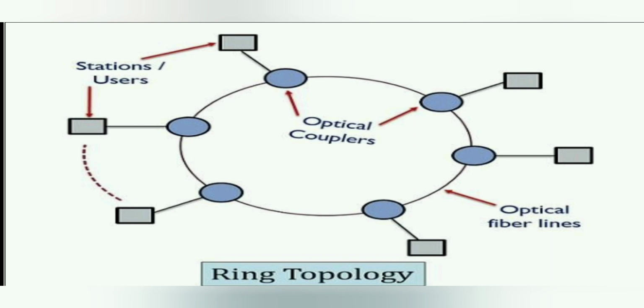Also, optical couplers are installed within the network in order to couple the transmitted optical signal from one node to another. It means it will close in a ring. From one side it goes and from the other side it comes back to the same node. It will make a circle.